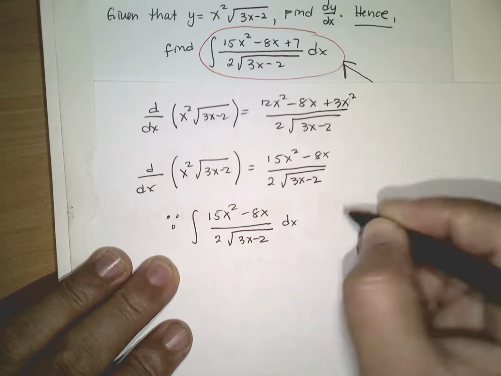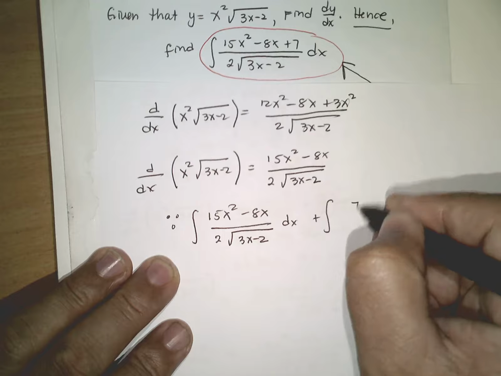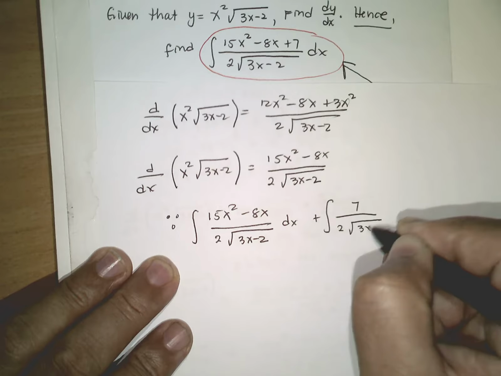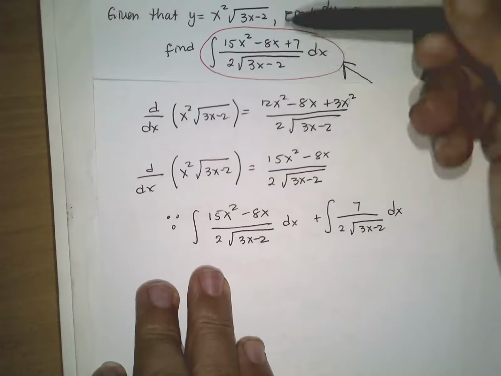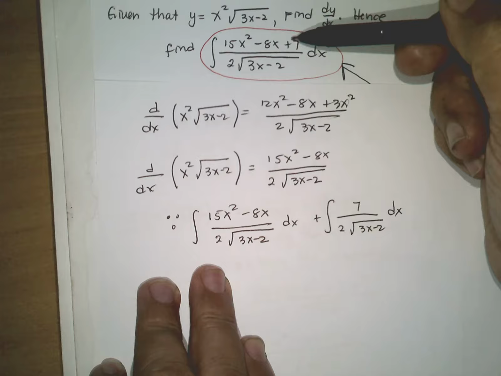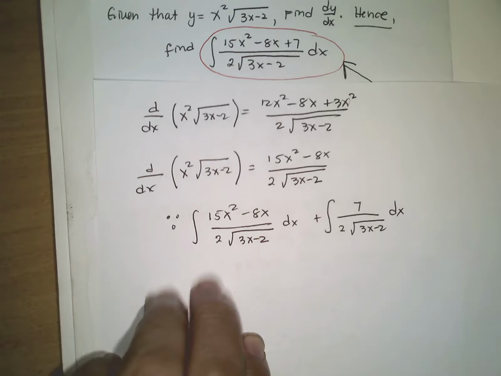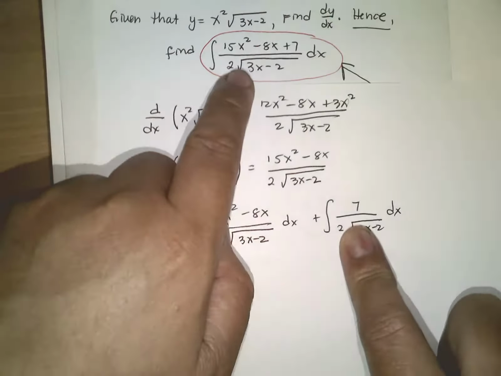Okay, dx and then plus the integral of 7 over 2 square root of 3x minus 2 dx. So again, this portion is that portion, plus 7 over this is this portion. When you add this part, that's actually that part.